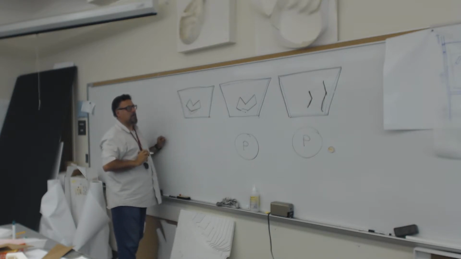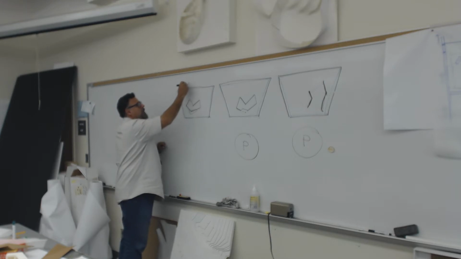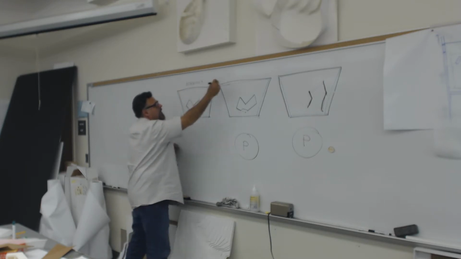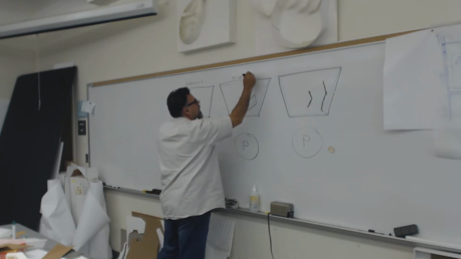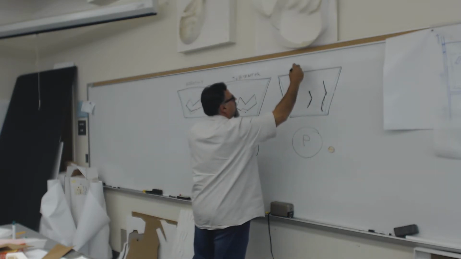So that's the third one. This is the additive one. So additive, subtractive, and this one is the whale's mouth.